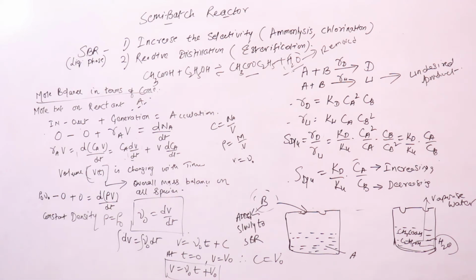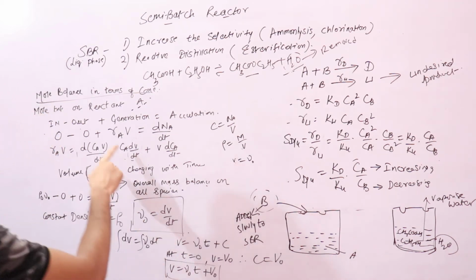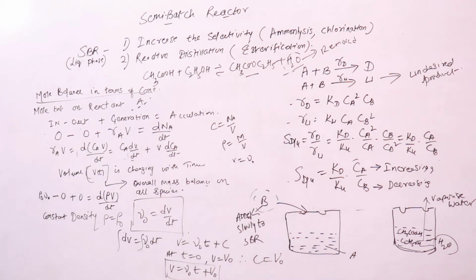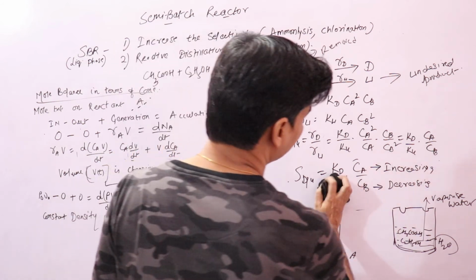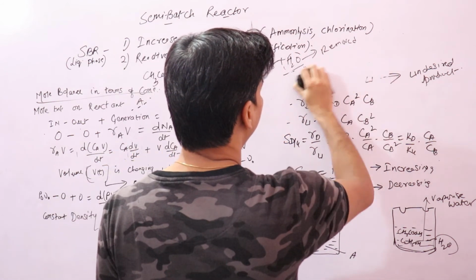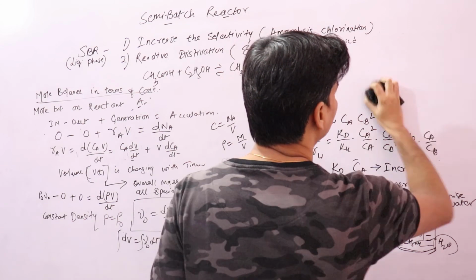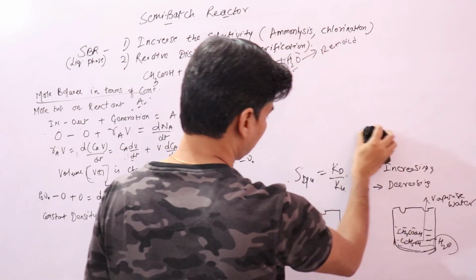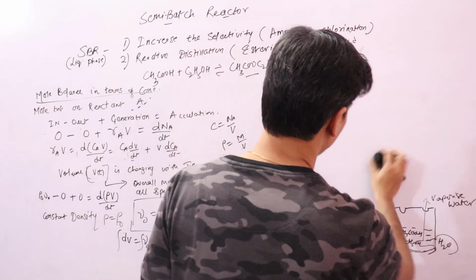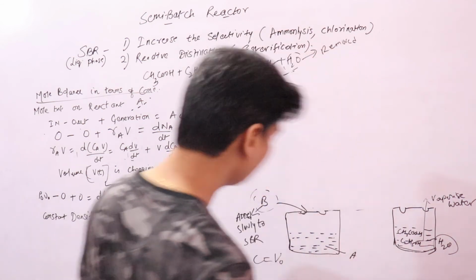I hope this much is clear. Now we'll put the value of dV/dt in this equation. Let's put the value of dV/dt in this equation. I'll just rub this off. Now let's quickly do this.